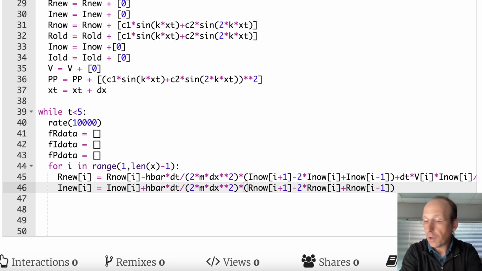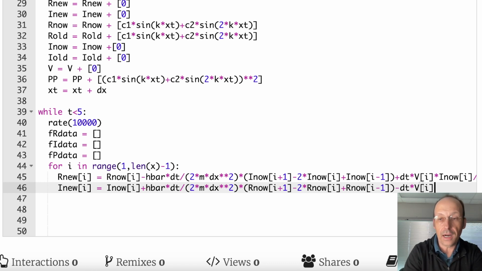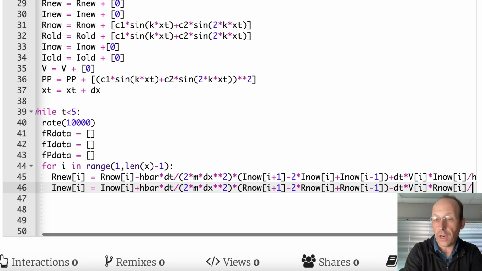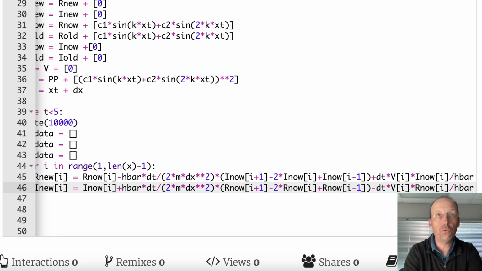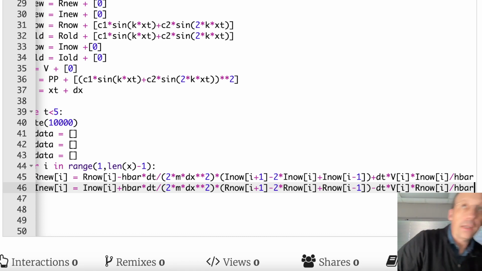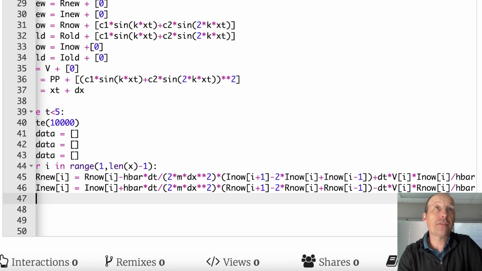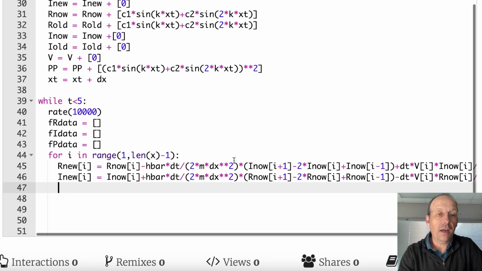And then I have minus dt times V_i times R now i divided by h bar. Whew. Okay, we got it, hopefully. I may have made a typo. If I did, it was on purpose just to see if you're paying attention.